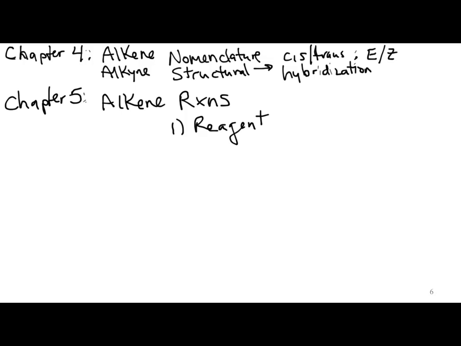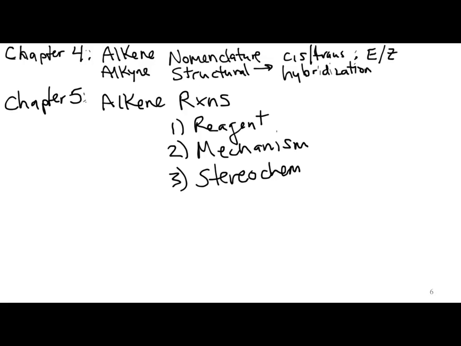So you have to know the chemicals used. You then also have to know how it worked, which means mechanisms. Then you also needed to know, which comes back to mechanisms, stereochemistry if it was important, and how it affected your overall products.